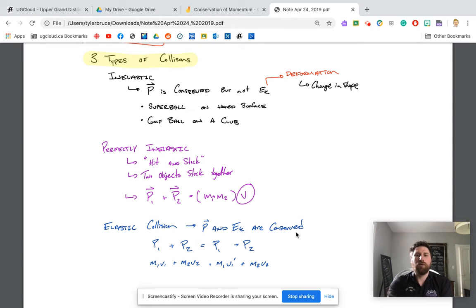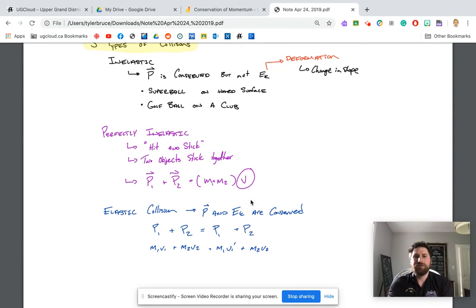So we're going to deal with mostly these two collisions. The perfectly inelastic is a hit and stick collision. Two objects stick together after they collide. So the momentum of one plus the momentum of two is equal to their momentum together, and the velocity of the two objects after the collision is the exact same.